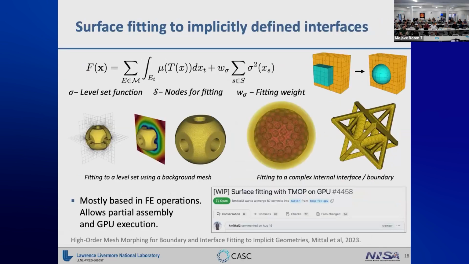The latest thing we were looking at is surface fitting. The idea of surface fitting is you have a discrete function, a level set function with a zero level set that gives you some positions, and you want to take some of the mesh nodes and put them exactly at these positions. This is the basic idea here. This is the formulation. This term enters, which again makes it all variational, no geometry.